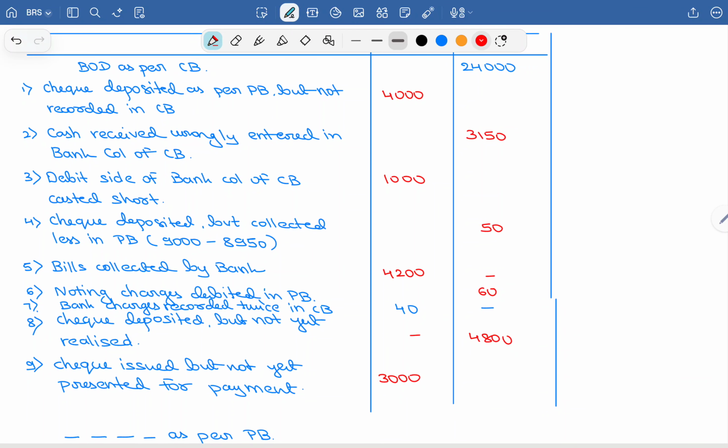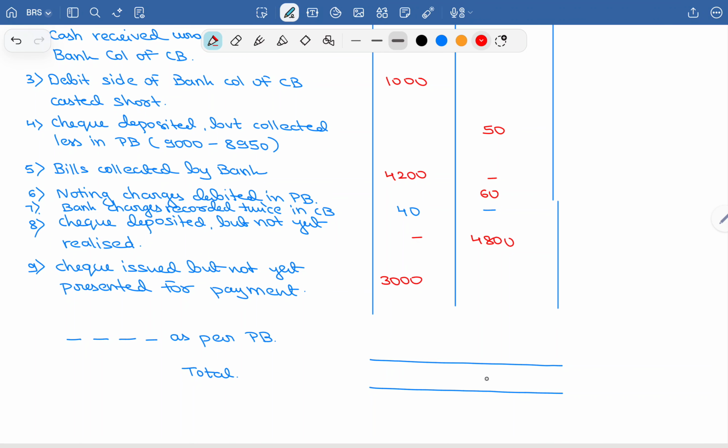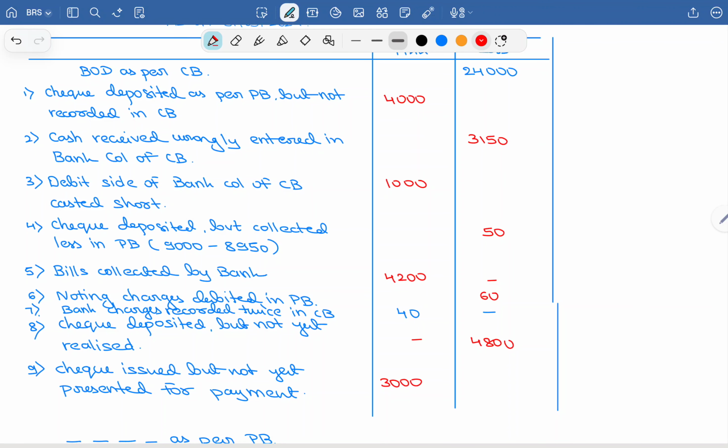On the credit side, that is the less side, 24,000, 3,150, 50, 60, 4,800. So the total comes to 32,060. On the debit side, the total is 4,000, 1,000, 4,240 and 3,000. It is 12,240.